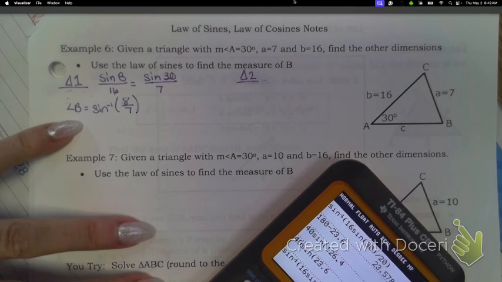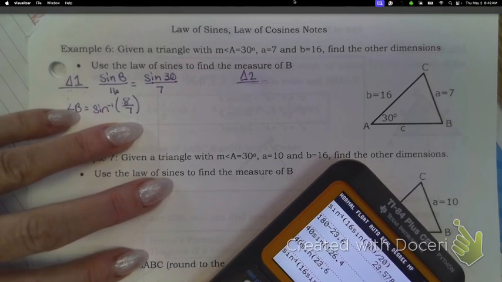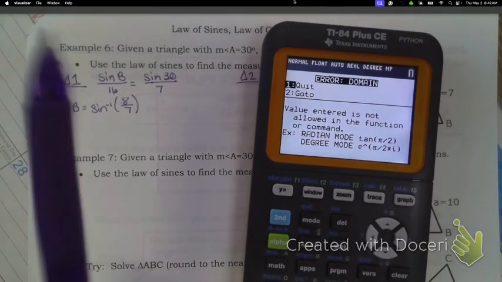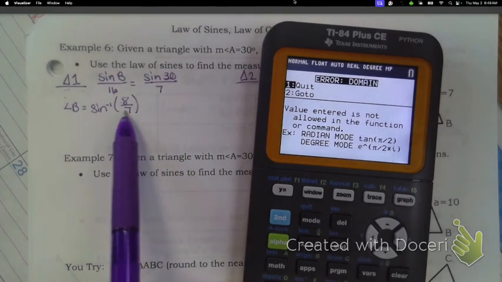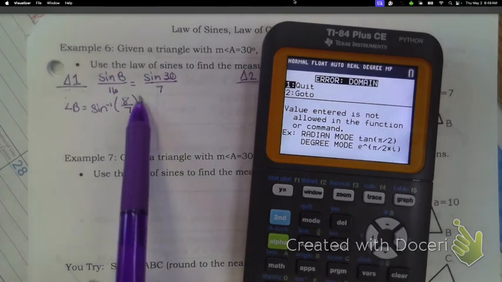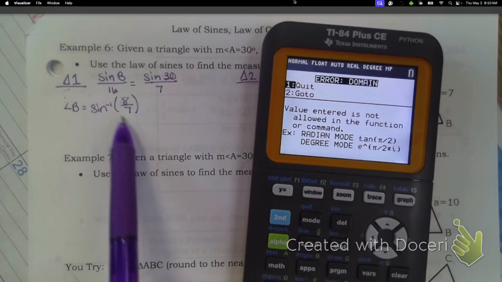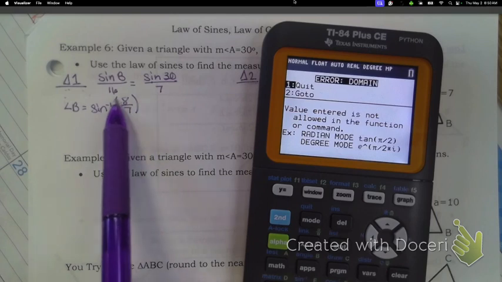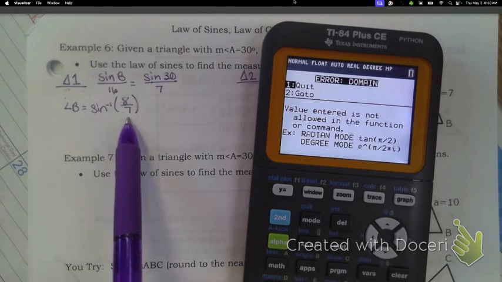Okay. So I see the problem with the way mine is written. This is the range of sine, yes? What does sine bounce back and forth between? 1. What's wrong with this? It's over 1, isn't it?